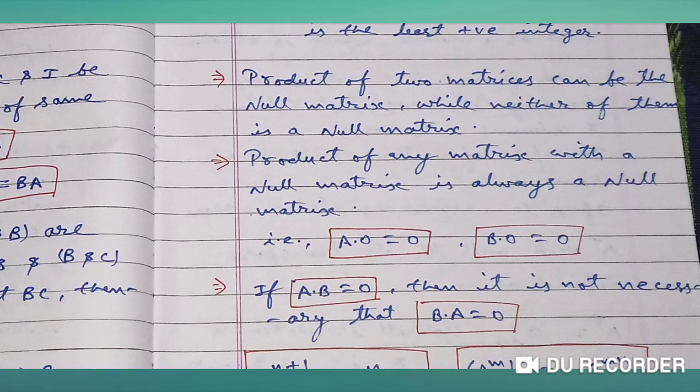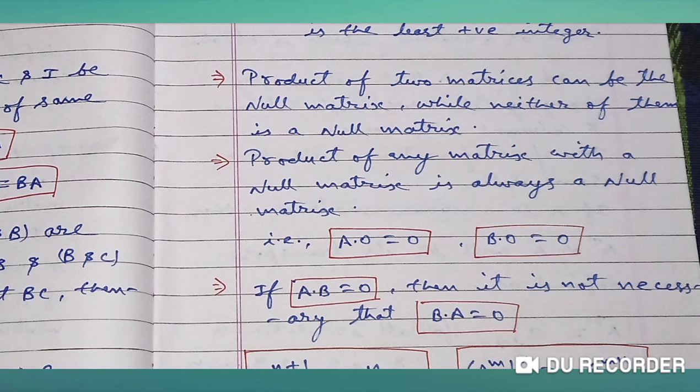This point says that when we multiply any matrix with a null matrix, the product will be a null matrix. But this point says something different: the product of two matrices can be the null matrix while neither of them is a null matrix. We have two different matrices A and B, and we can multiply them to get the product AB.